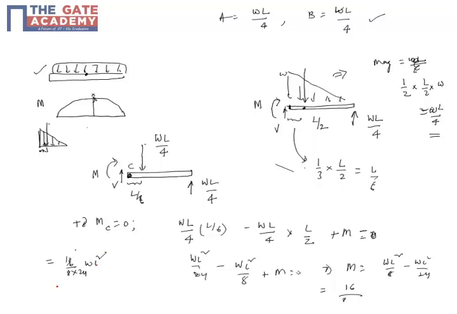So that is WL square by 12. So WL square by 12 is the answer.